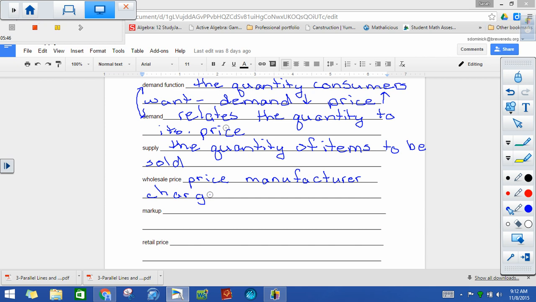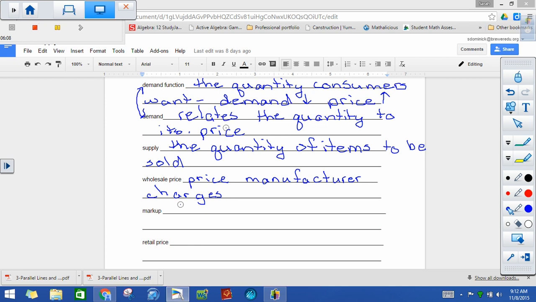If you are the owner of a Walmart store, the people that make the shoes that you are selling will sell them to you at wholesale price. You will then give those things a markup, and that will make it the retail price, what you sell it to the everyday person for.